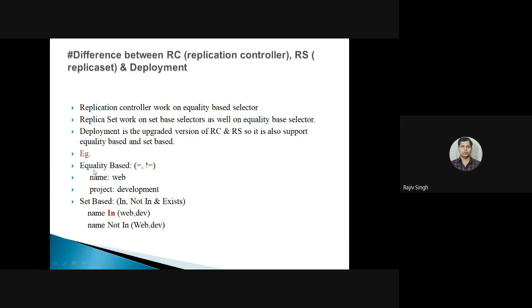I want to upgrade those pods, so we will take the support of labels and selectors. We will hit the command where the name is web, then upgrade this version. In that kind of use, labels and selectors are used. Okay.